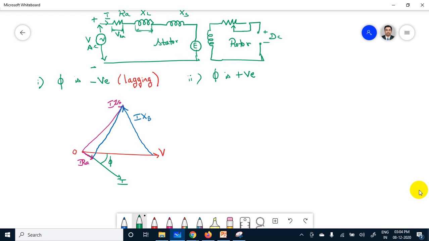When phi is positive, it will be called leading power factor.